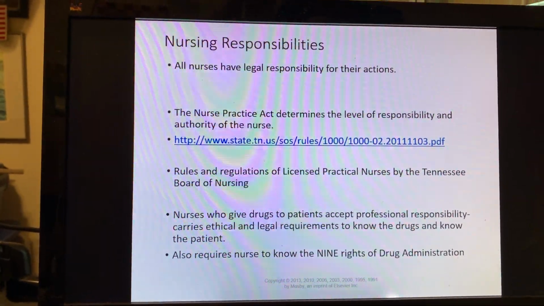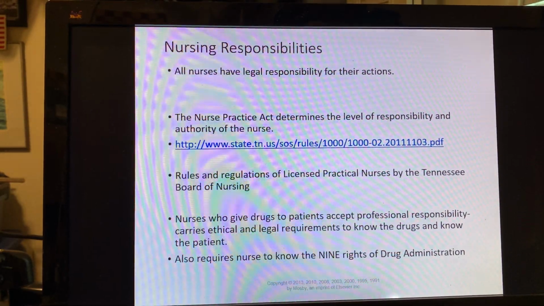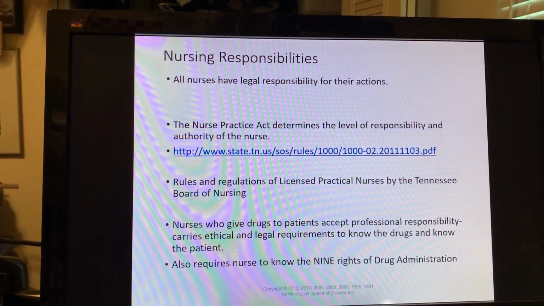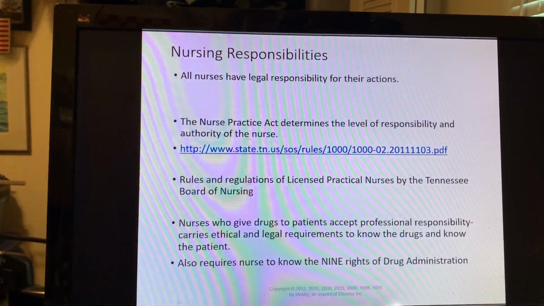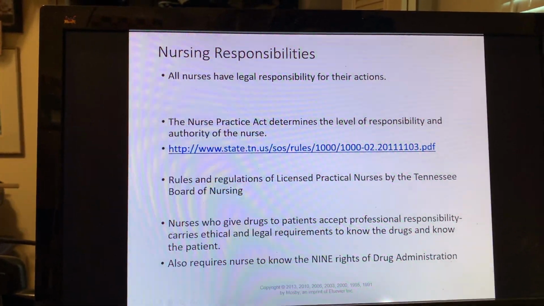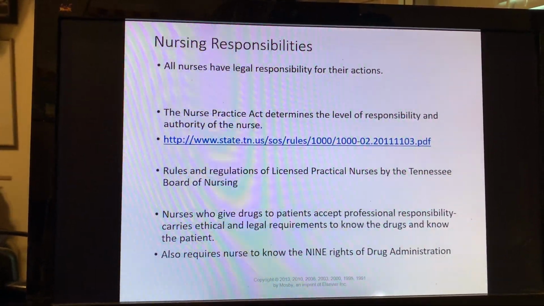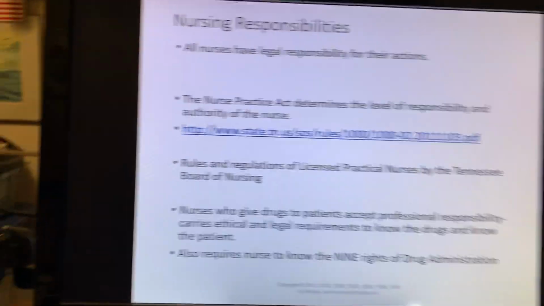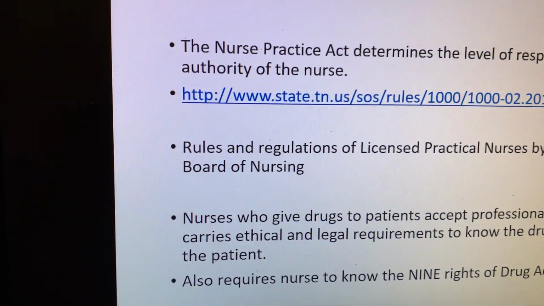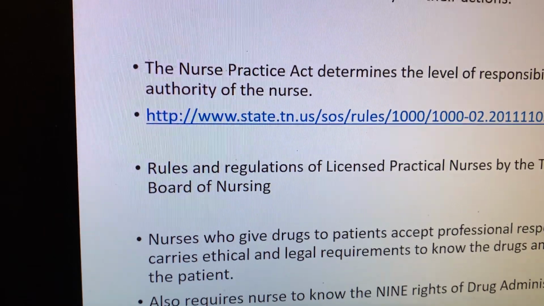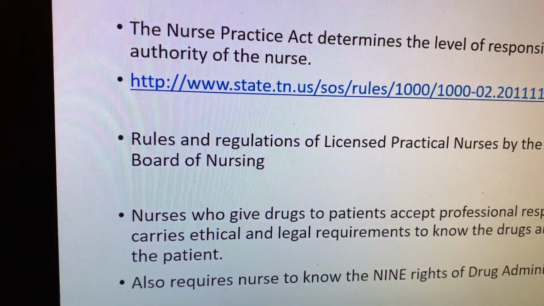So, of course, we know that all nurses have legal responsibilities for their actions, and they're pretty heavy-duty responsibilities. So here is where you can look up the Nurse Practice Act in the state of Tennessee, and it lays out what you can do as an RN or an LPN. For instance, a lot of the confusion comes about for orders on if you can or cannot push medications as an LPN.